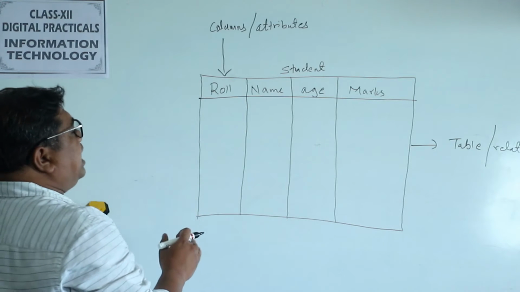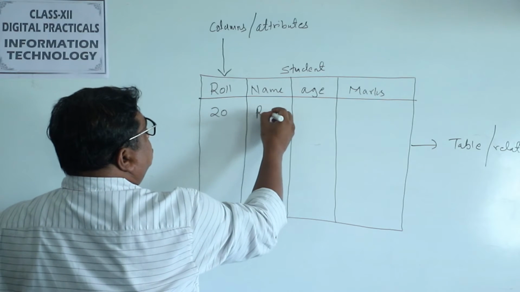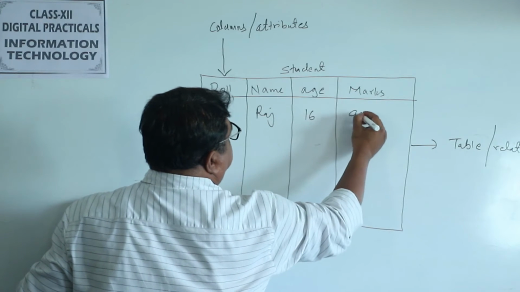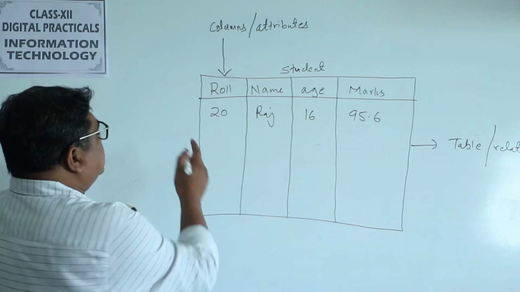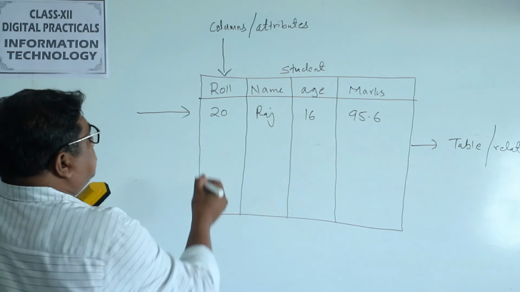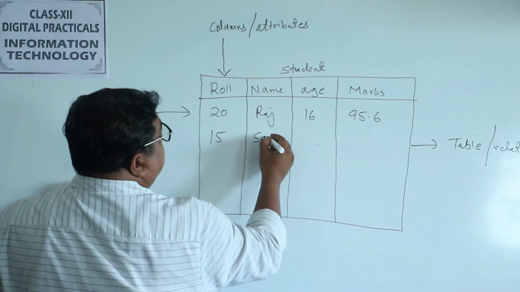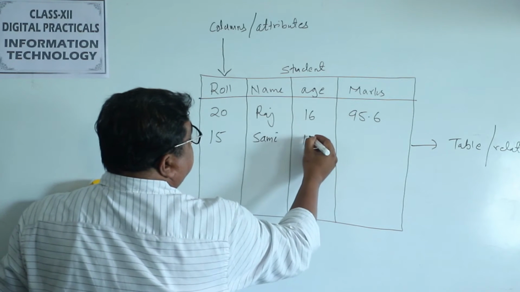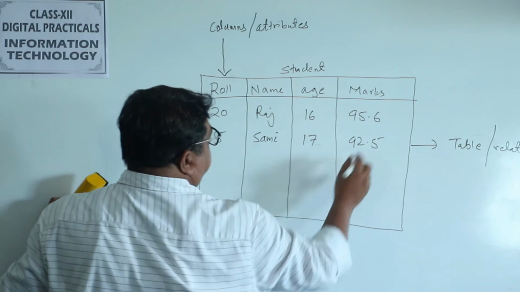Suppose I want to store roll number as 20, name as suppose Raj, age as suppose 16, marks as suppose 95.6. See, these are all rows of the table. Suppose I want to store another roll number, suppose Sami, and suppose this is 17 and marks is suppose 92.5.